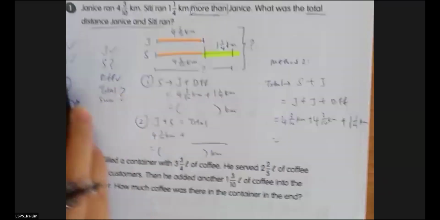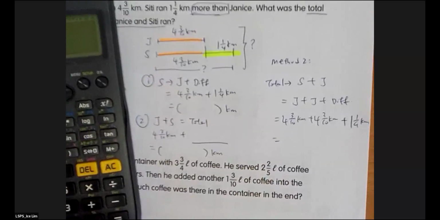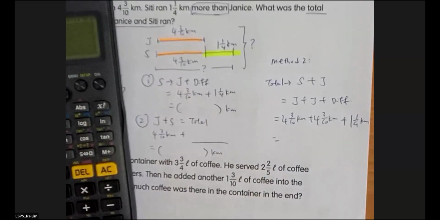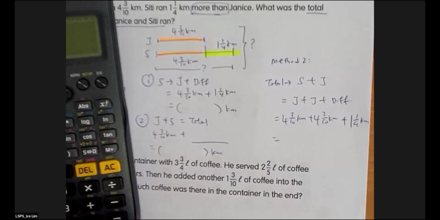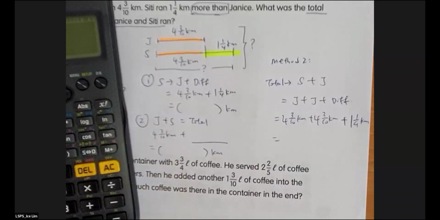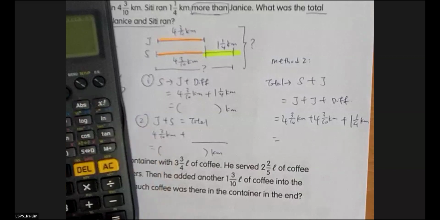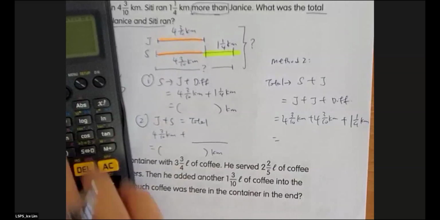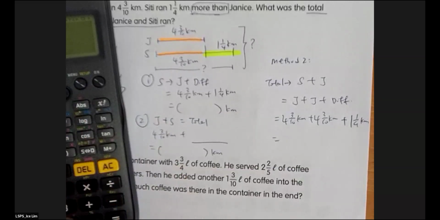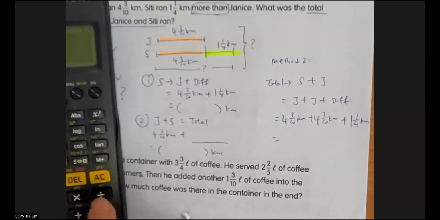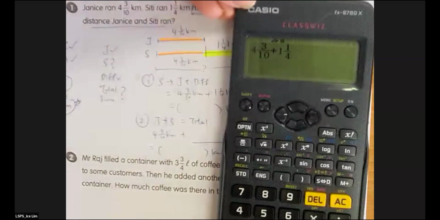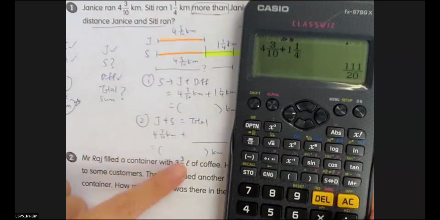Okay? So if I press my calculator now, I get 4, shift, 4 and 3/10 plus 1 and 1/4. So that's the first one I'm pressing. Press equal.